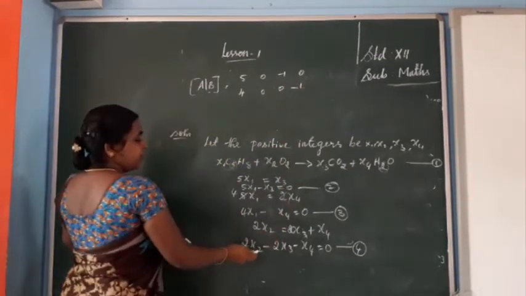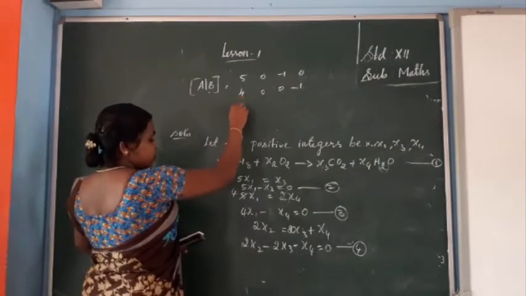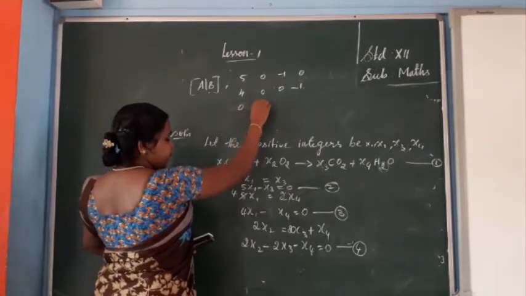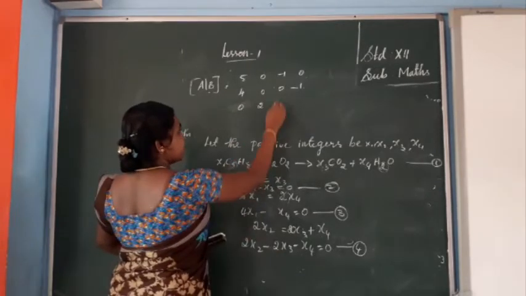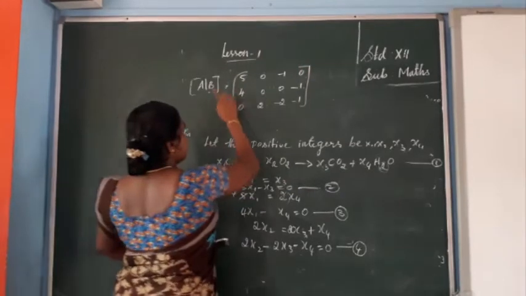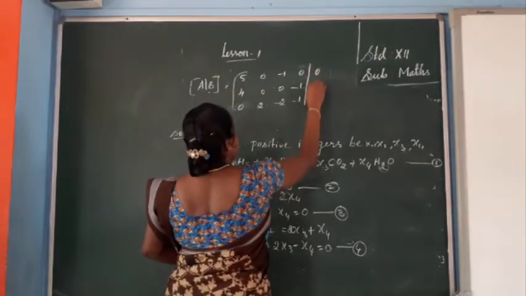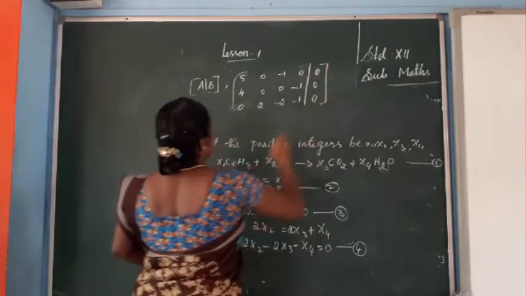Next fourth one, that equation: x1 is 0, x2 is 2, x3 is minus 2, x4 is minus 1. Okay, that's all. Then actually B also on the right, so bar 0, 0, 0.